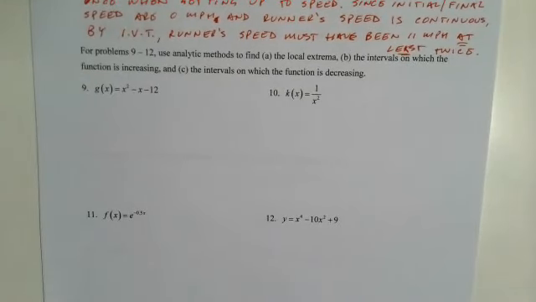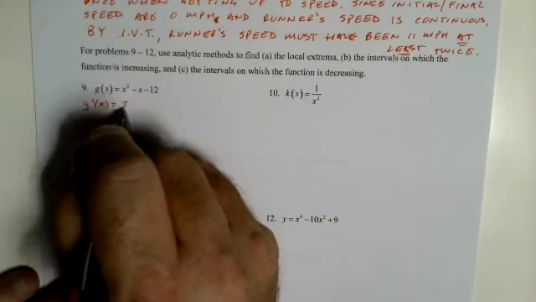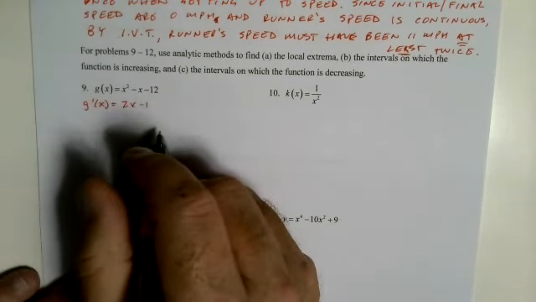All right, use the analytical methods to find the local extrema, and so on. Okay. G prime of x equals 2x minus 1.